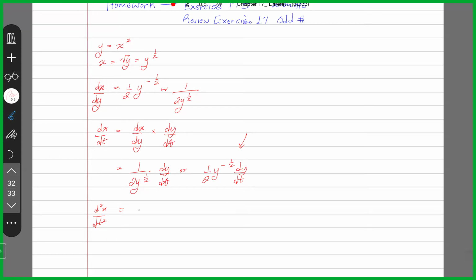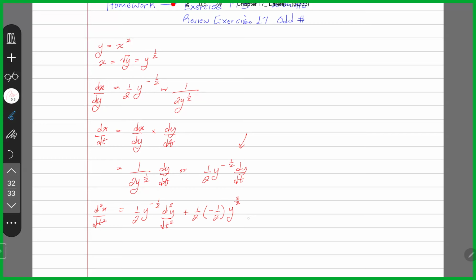So it is leave the first, differentiate the second, plus differentiate the first. So it's minus, plus a half times minus a half y to the 3 over 2.